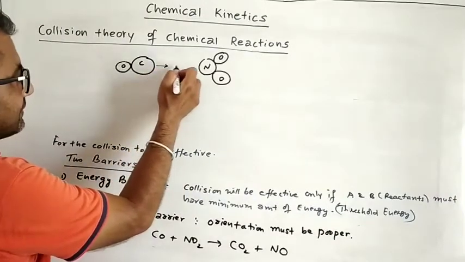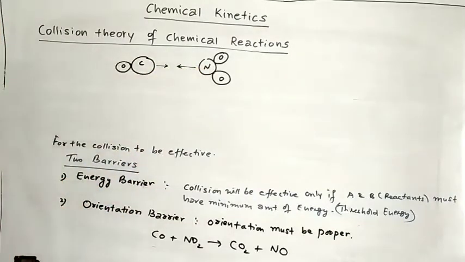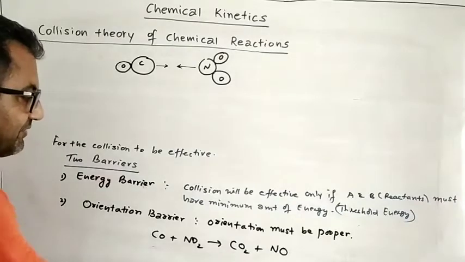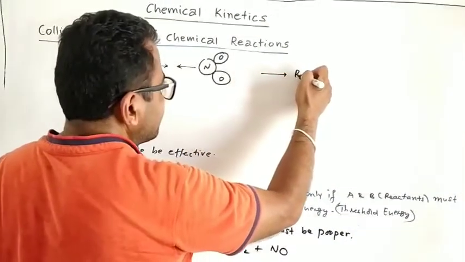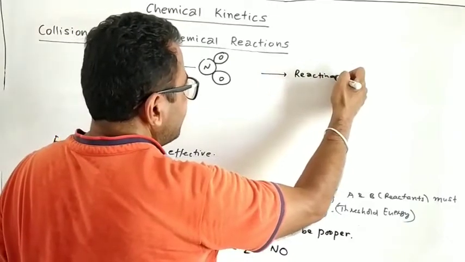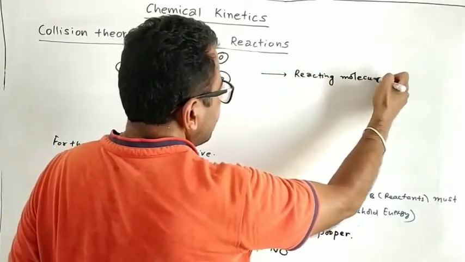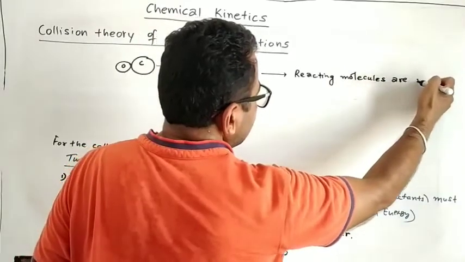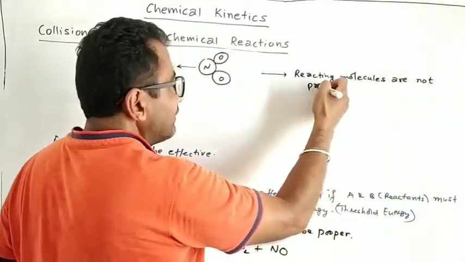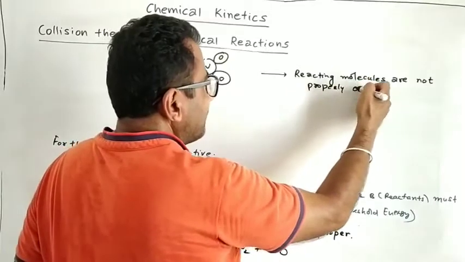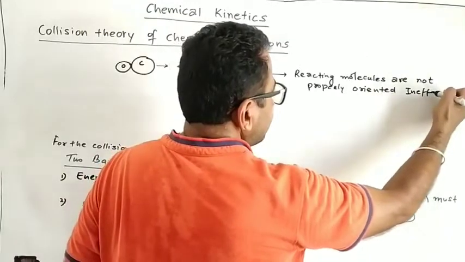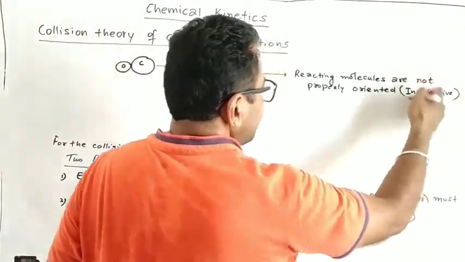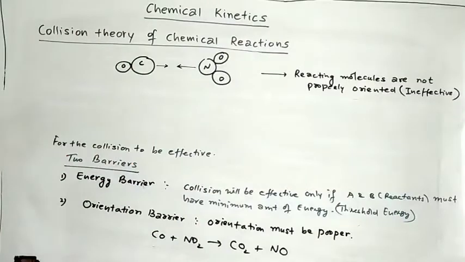So in this collision, nitrogen collides with carbon, no use, because a new bond must form between carbon and oxygen. Okay, so the reacting molecules are not properly oriented, so the collision is ineffective, no use.